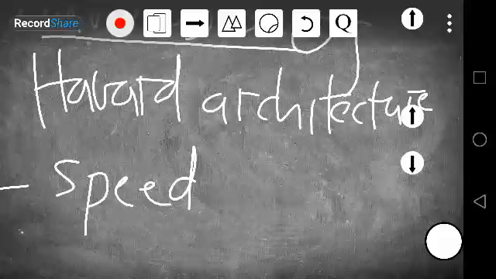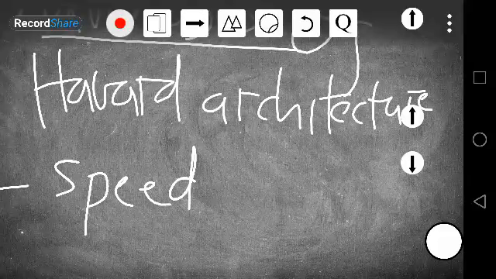Speed in what sense? The Harvard architecture has speed in the sense that an instruction can be processed in one CPU cycle, basically, with this approach, because we don't have to wait for the same data bus.